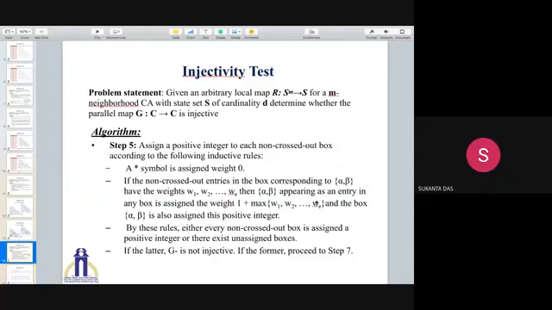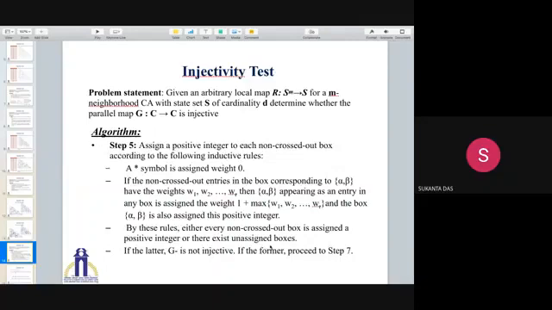And by that rule, generally, it will be able to assign positive integers to the boxes. But in some cases, some boxes may be left without any value.